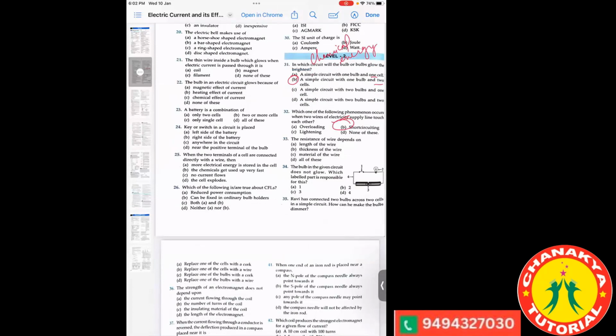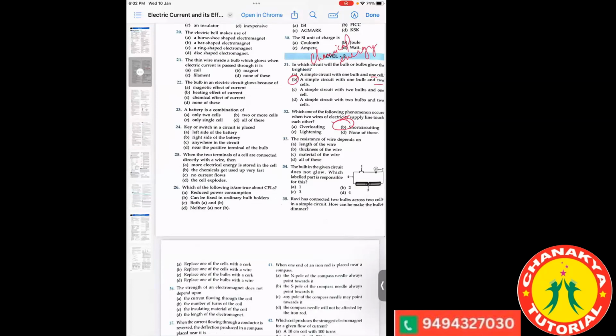Overloading is basically when the current flowing is very high, when the voltage is very high, it gets overloaded. But when two wires touch each other, that is short circuiting.